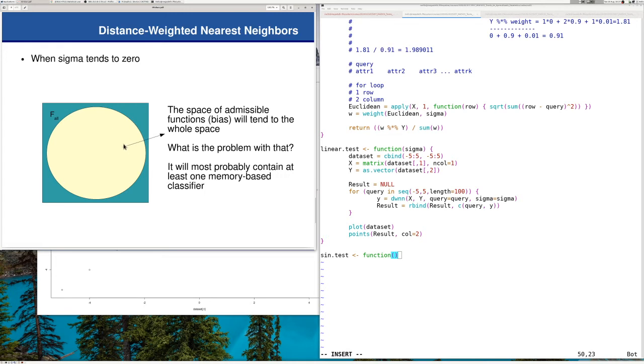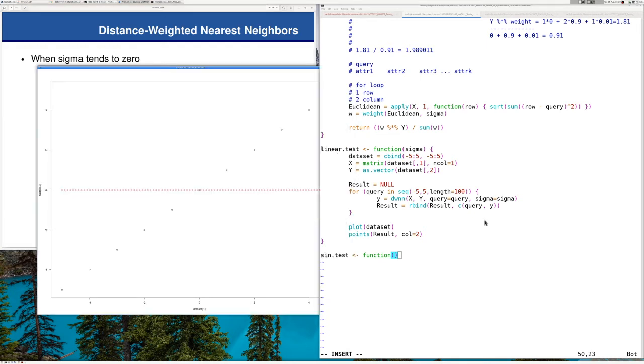I need more. But not as many as in this picture, because if I go to the universe of all functions, I will, of course, represent a memory-based classification. That's an issue.